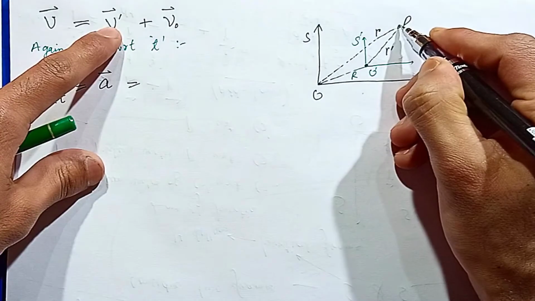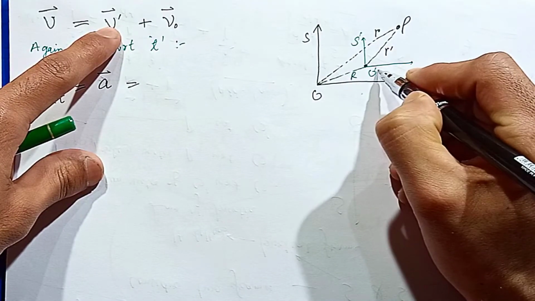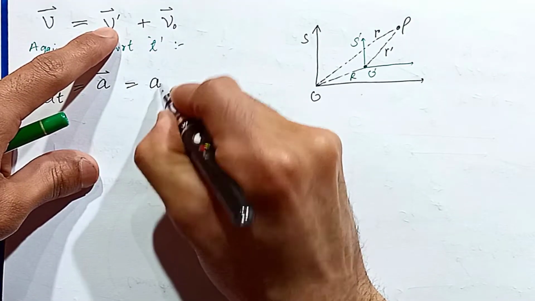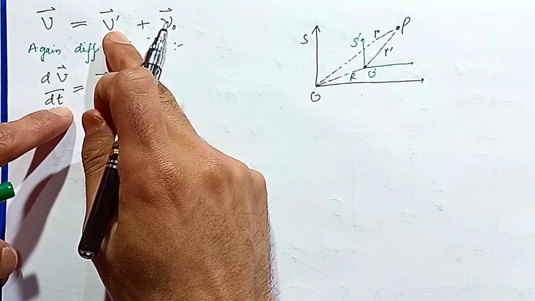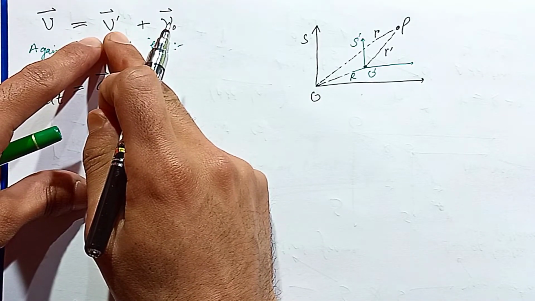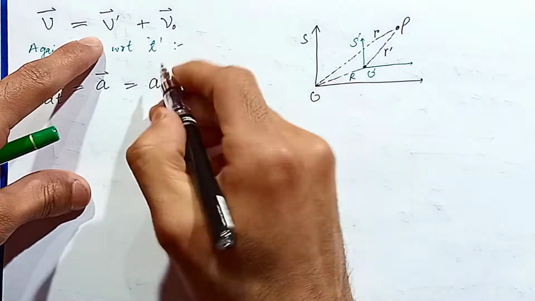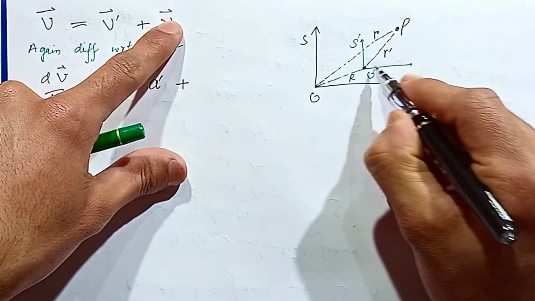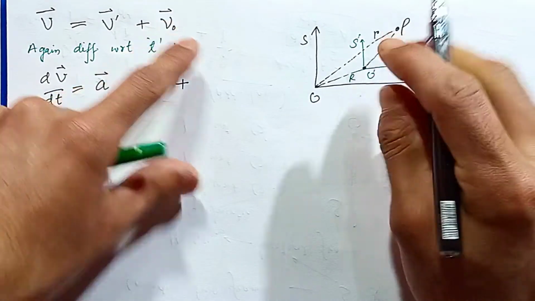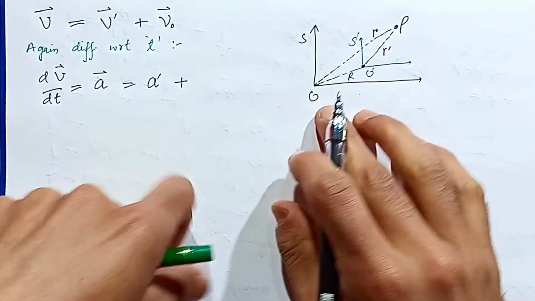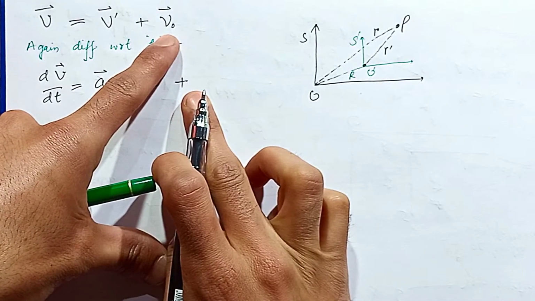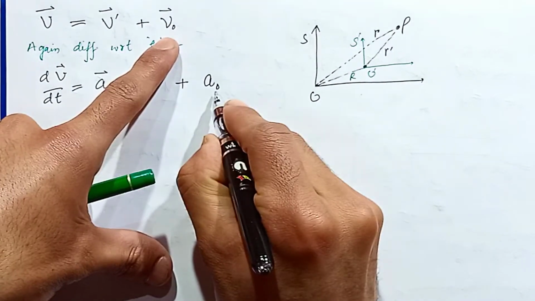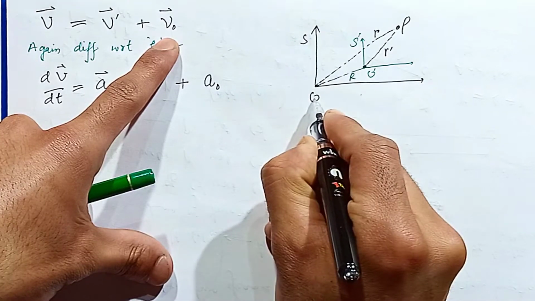V prime is the velocity of the particle P with respect to origin O prime, that is in the non-inertial frame of reference. Differentiating it again we get the acceleration in the frame of reference S prime, plus v0, which is the velocity of the frame of reference S prime as a whole with respect to the other frame. Differentiating the velocity of the frame S prime with respect to time, we get the acceleration of the frame of reference with respect to origin O.